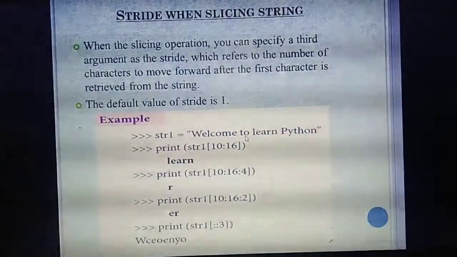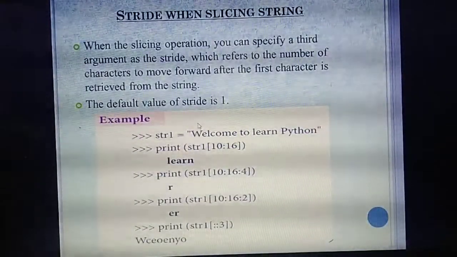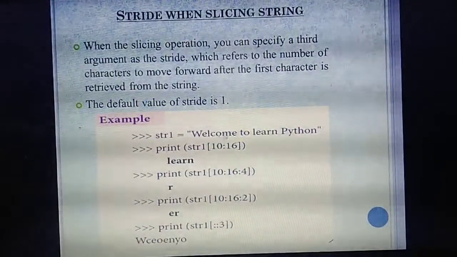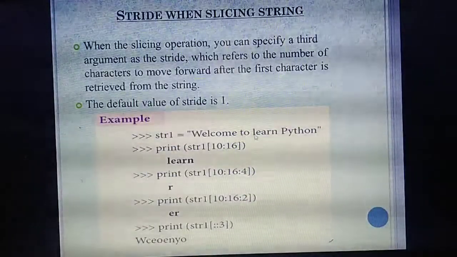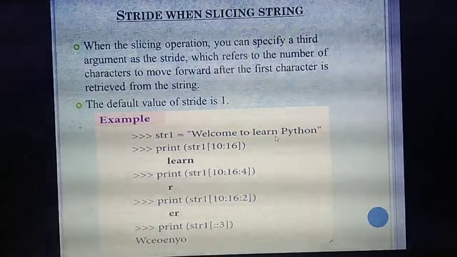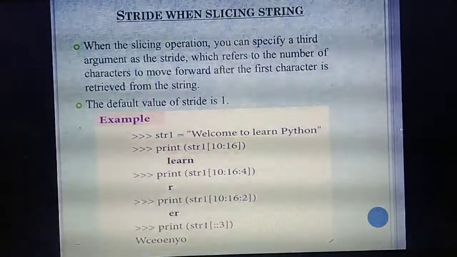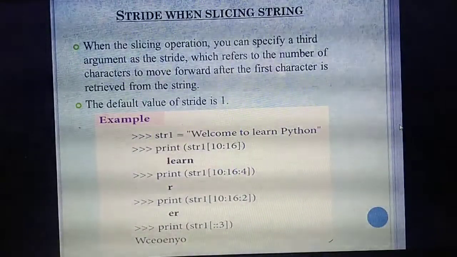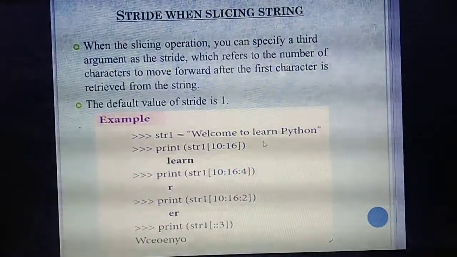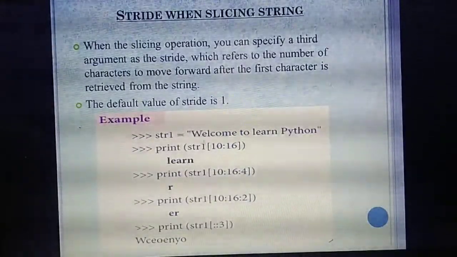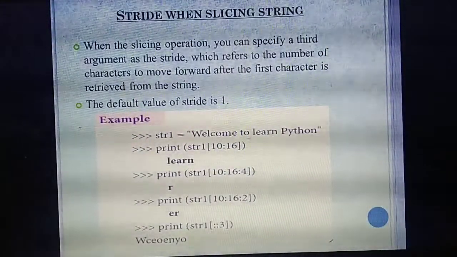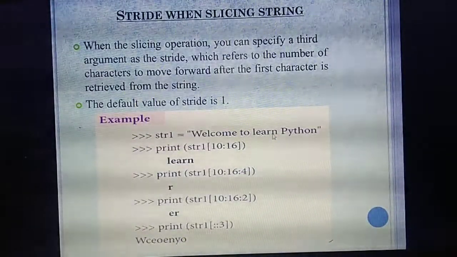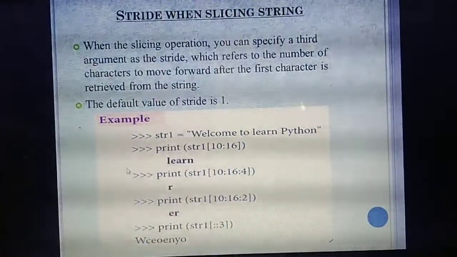Write 1, 2, 3, 4, 5, 6, 7, 8, 9, 10, 11, 12, 13, 14, then 15, 16, 17, like this. Have you all written? Yes, listen.